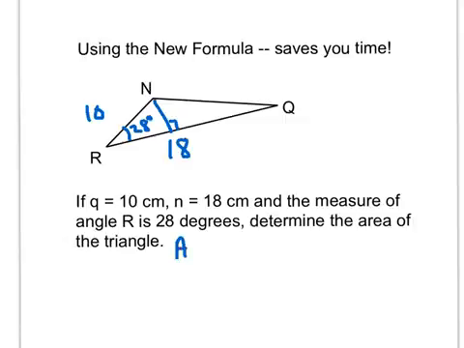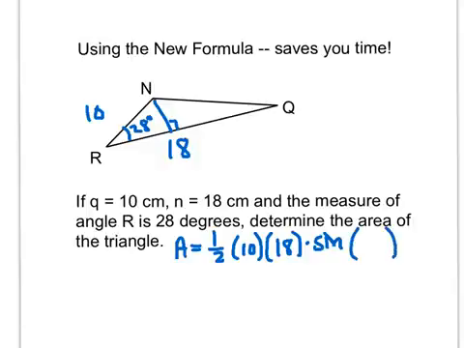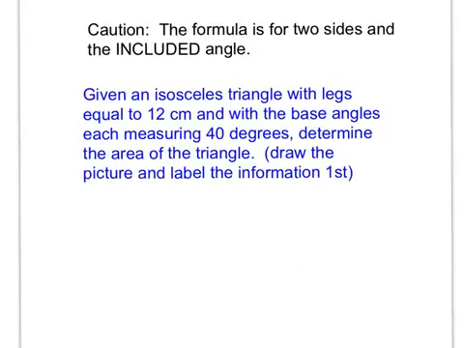So in this case, I want to use the formula 1/2 times one side of the triangle times the other side of the triangle times the sine of the angle between those two sides. So between here and here, I have the angle R, which is 28 degrees. And then you would calculate that value. I'm going to go ahead on to the setup of the next question while you do the calculation.